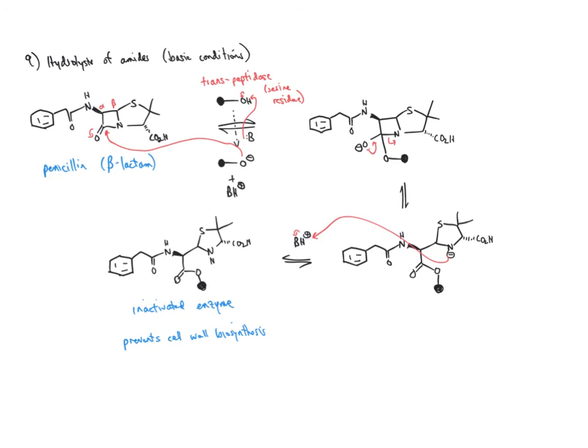Now, sometimes the bacteria are smart and they develop resistance mechanisms to this. And so penicillin has somewhat lost favor because the bacteria have evolved an enzyme known as a beta-lactamase. The beta-lactamase will inactivate the penicillin before it reacts with the transpeptidase.